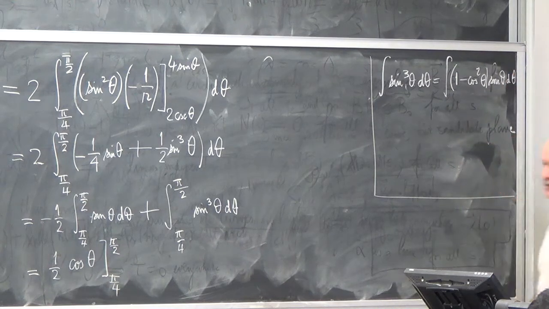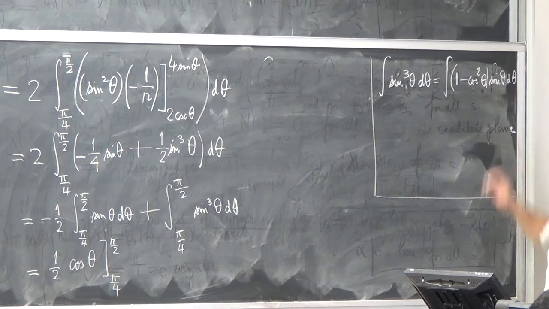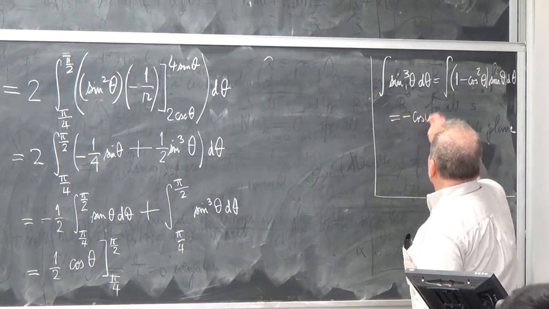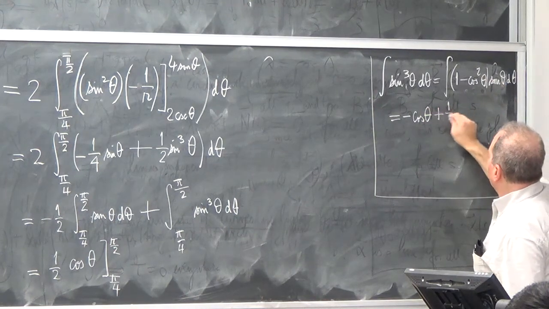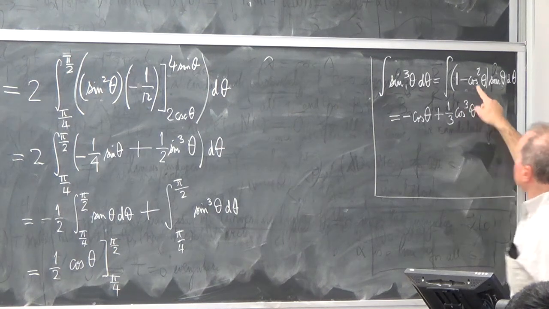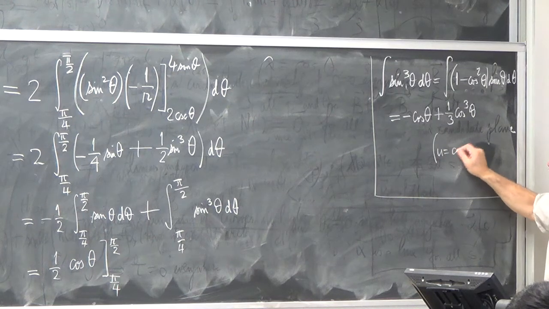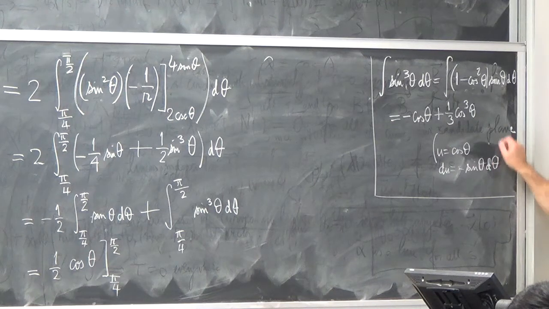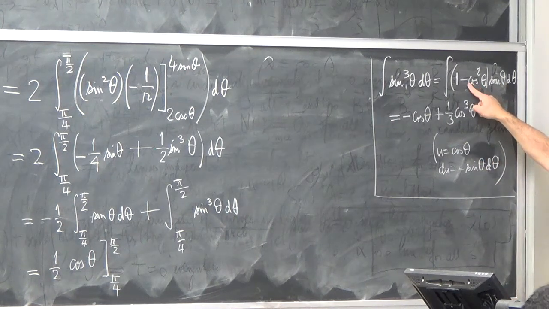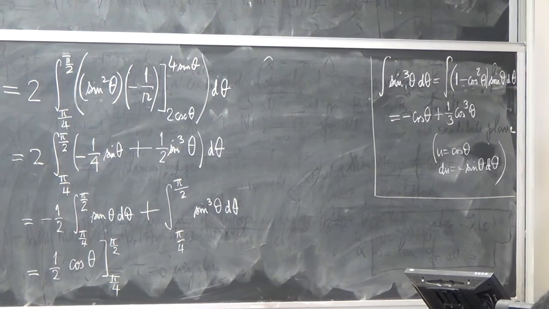Because you can integrate a cosine power times sine by u substitution. So we're going to get another negative cosine for integrating sine, and then 1/3 cosine cubed, because the derivative of cosine is negative sine. If I let u equal cosine, du is negative sine theta d theta, so this is u squared times du. Everybody okay?